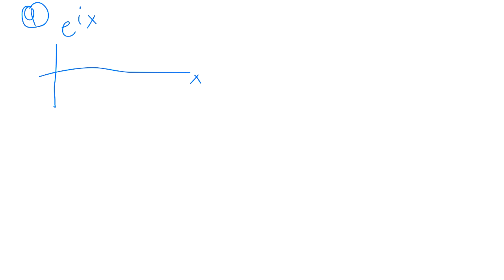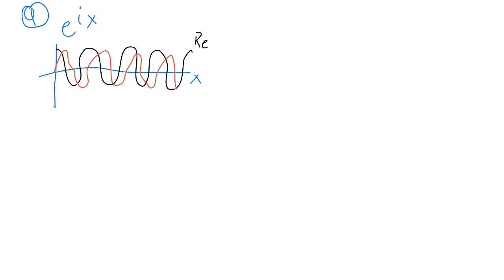So I can plot cosine of x, which is the real part, and I could also plot the imaginary part and show we've got both of these.